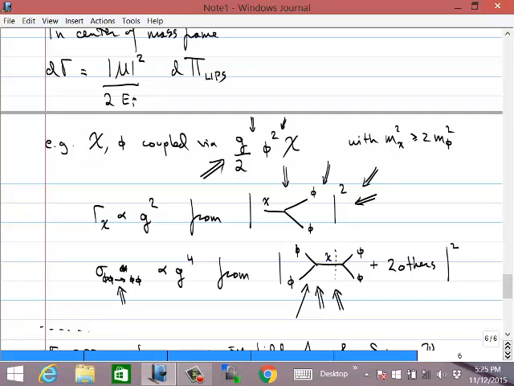Chi particles don't exist as completely stable objects that are eigenstates of the Hamiltonian, but they could be very long-lived states. Okay? So we would call these a resonance or a bound state or something like that. And so they can exist as intermediate states. I mean, if you look at the particle data, there's only a handful of actual particles that we know of that appear to be stable.